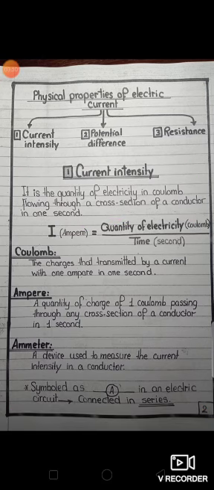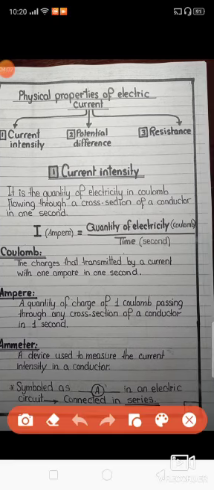We can measure the current intensity by dividing the quantity of electricity in coulomb by the time in seconds. As we can see here, this is our first rule: intensity equals quantity over time. And the word ampere is the unit of measuring the electric current intensity.